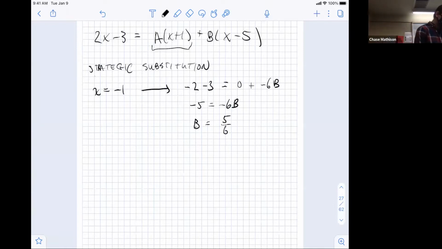The other x that we could plug in is 5. If I plug in x equals 5, that's going to make the term with the b go away and will be very convenient for us, right?